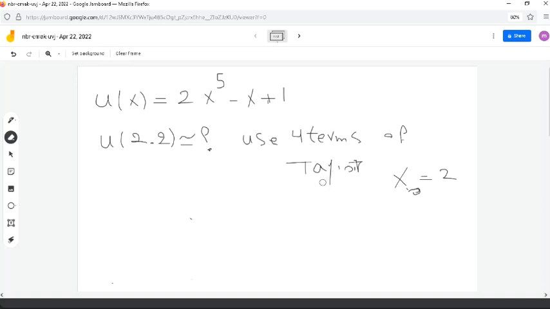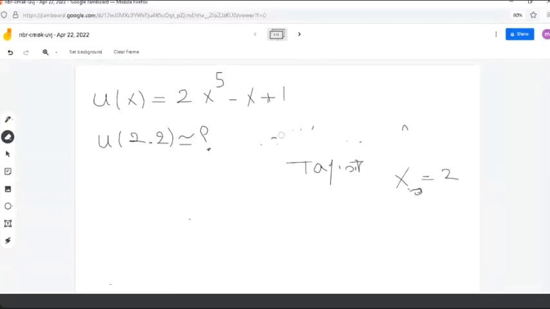In the last example, I said to use three terms, okay? In this example, I say to use four terms, okay? Then, because we should use four terms of Taylor theorem, I should compute until the third order derivative of u.